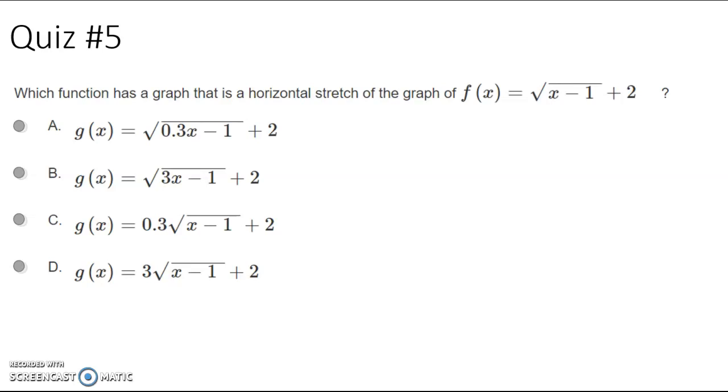It's looking for a horizontal stretch of the graph of f of x. So for a horizontal stretch, that means that because it's horizontal, the k will be attached to x.